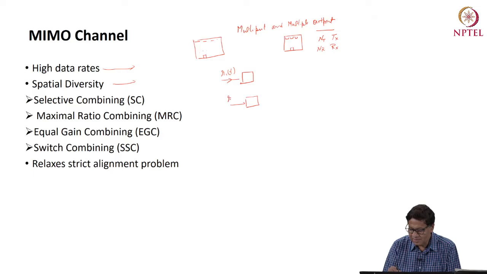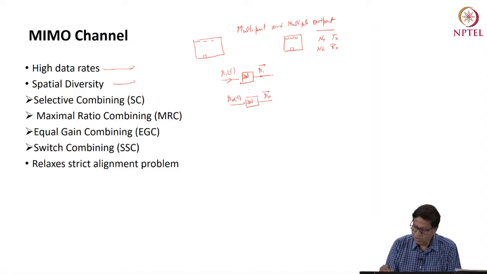This is a detector, this is a detector. And when you process it, you get some corresponding vector R1 and you get some corresponding vector Rn.